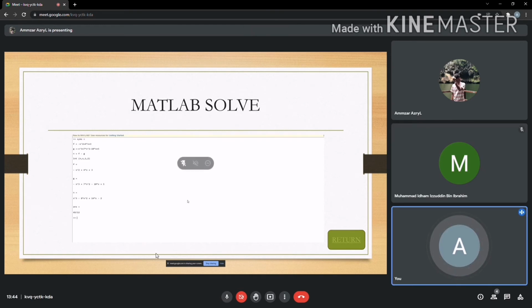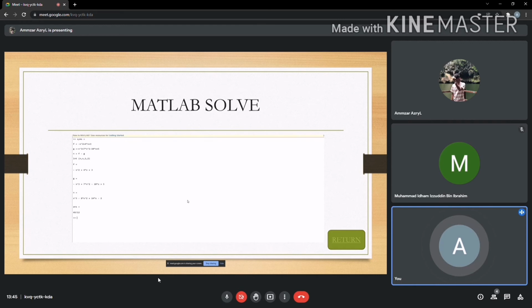Okay, for the MATLAB solve, we use the integral commands, that is syms x, and for integrate it is int. First, we put the f(x) equation, that is negative x to the power of 2 plus 4 times x plus 3.